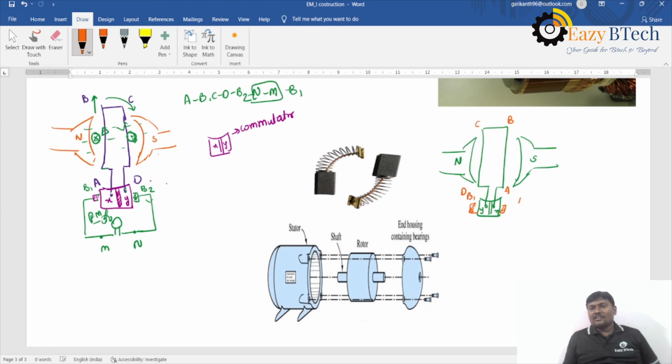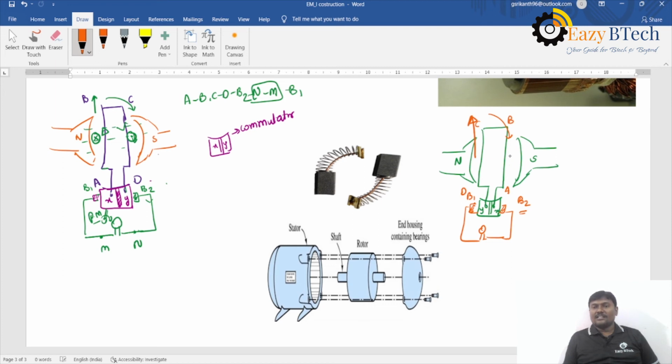The brush positions are fixed. So brush B1 is always in contact with the conductor existing under the north pole, and brush B2 is always in contact with the conductor existing under the south pole. So again it is rotating in a clockwise direction.